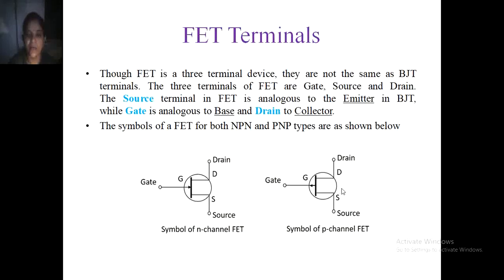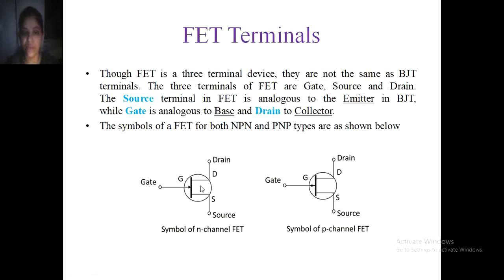Then let us see the terminals of FET. FET is also a 3 terminal device. They are not the same as the BJT terminals, but it has 3 terminals, which are gate, source and drain. The source terminal in FET is analogous to the emitter in a BJT, while the gate is analogous to the base and the drain is analogous to the collector.